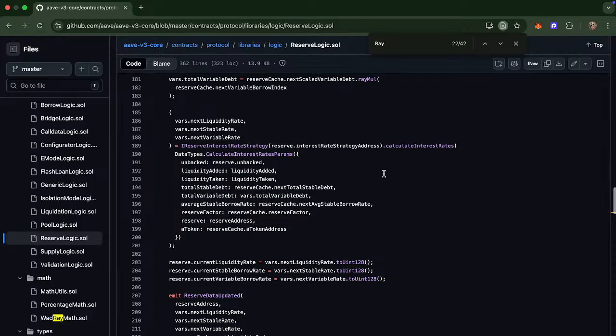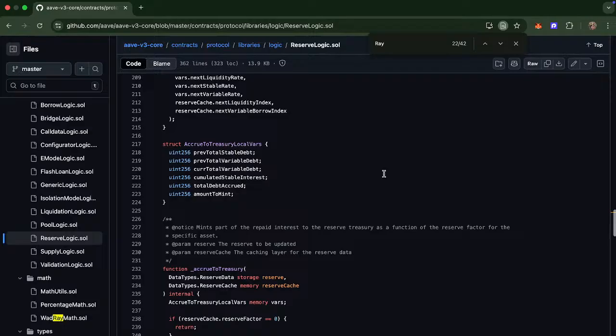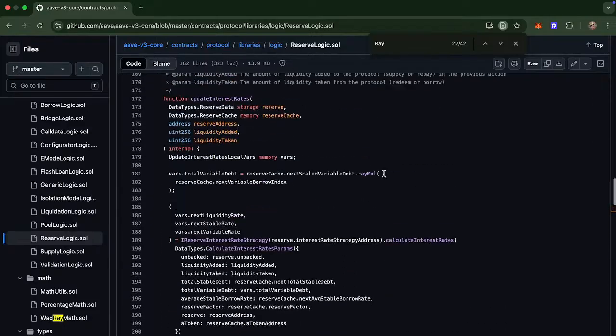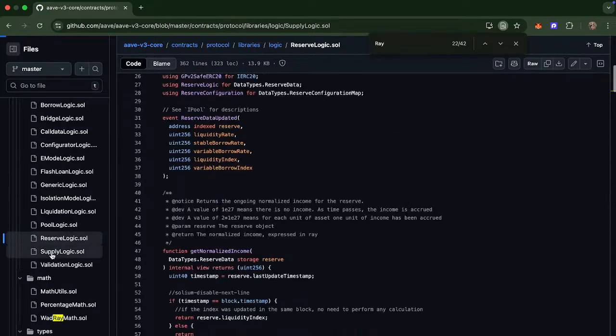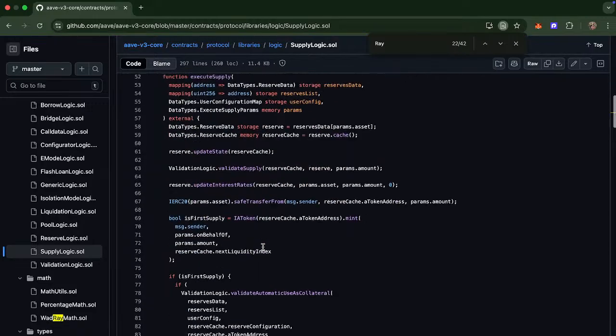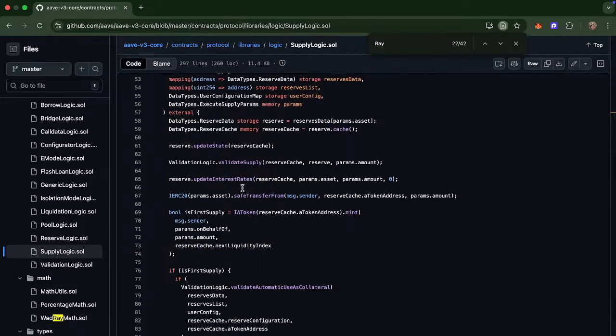Calculate interest rate. Update interest rate we have got.